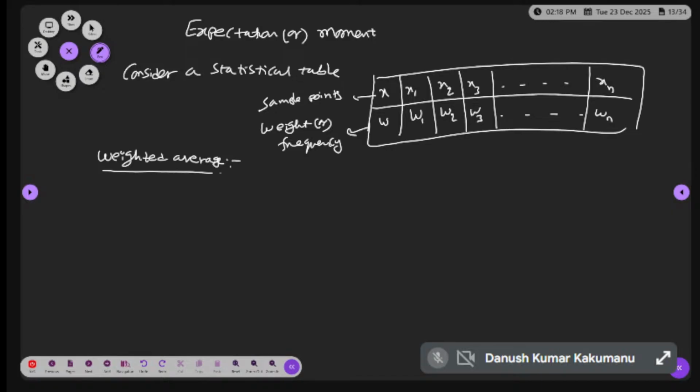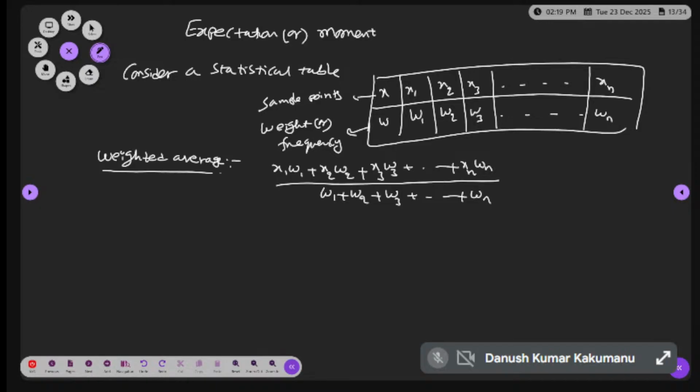Weighted average is equal to x1 omega 1, x2 omega 2, x3 omega 3 plus so on, xn omega n, divided by the sum of the weights: omega 1, omega 2, omega 3 plus so on omega n. You know this weighted average formula: x1 omega 1 plus x2 omega 2 plus xn omega n, by omega 1 plus omega 2 so on omega n.